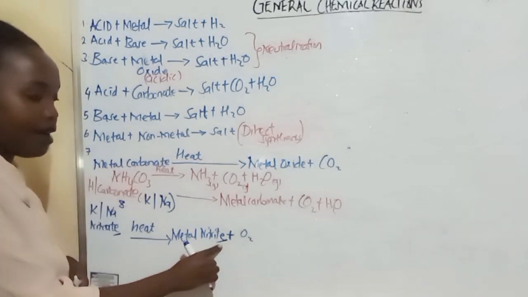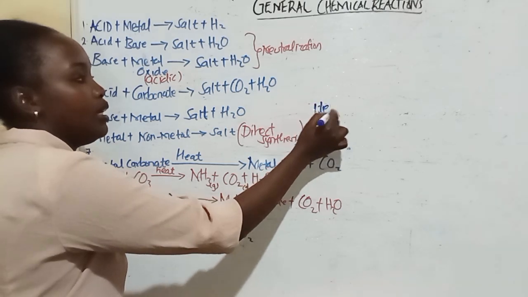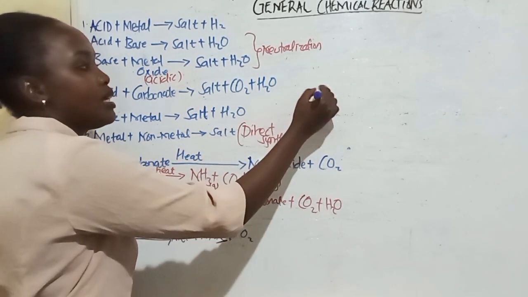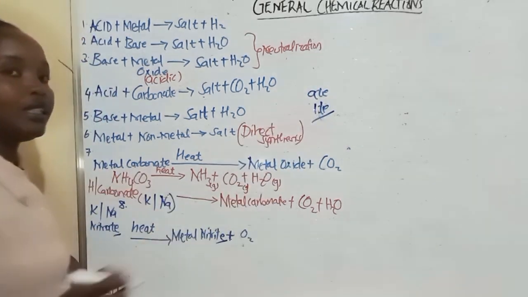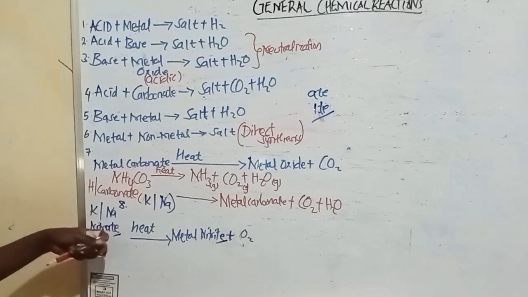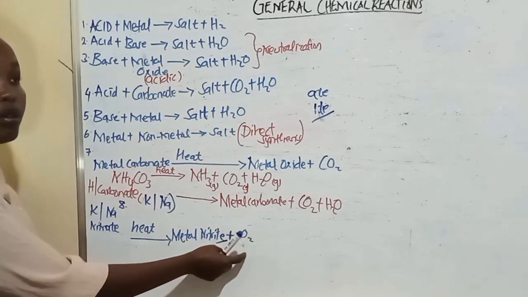If you see something which has the suffix ITE, it means it has fewer oxygen atoms compared to something that has the suffix ATE.